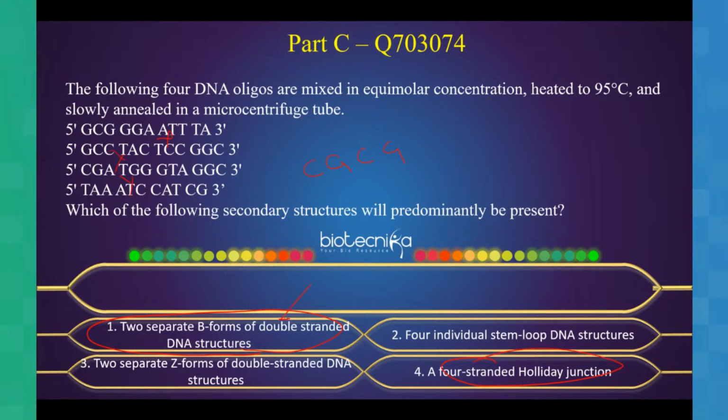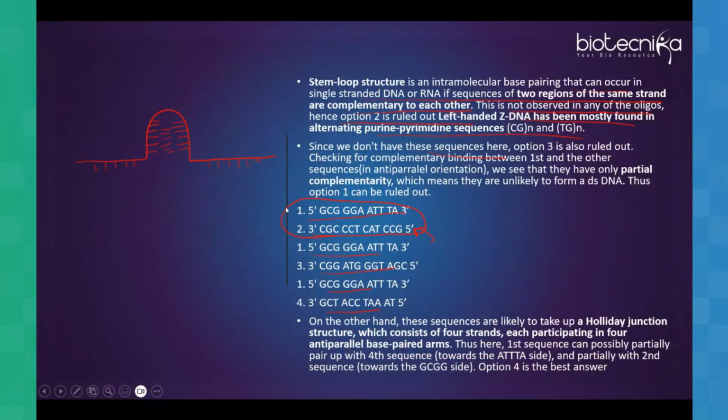Now to form a double-stranded DNA, one of them should completely match with at least one of two, three, or four, or at least maximally match, to be able to form a double-stranded structure. But if you match 1 and 2, or 1 and 3, and 1 and 4, complementary binding, you will see that none of them have a lot of complementarity, not complete complementarity.